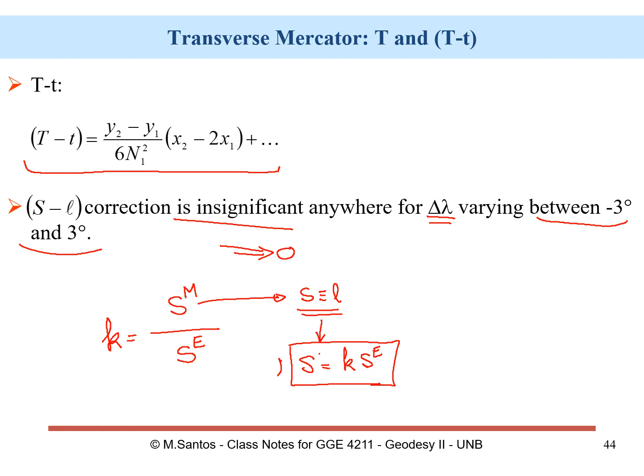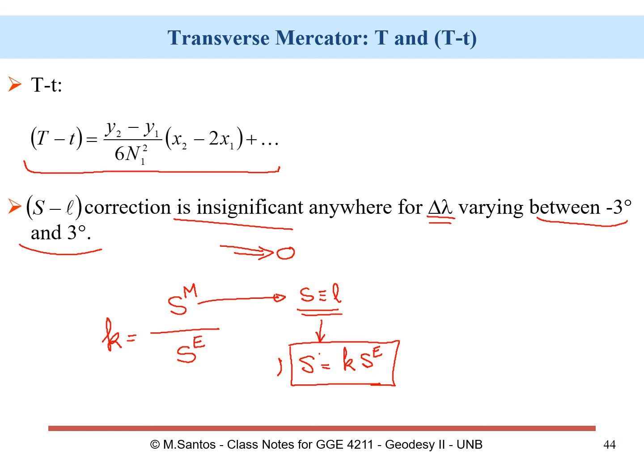When we go from the grid to the geodetic coordinates, we have to do that using the foot point latitude, and we have presented these general expressions for meridian convergence, for the scale factor, for the T minus T correction and S minus L correction, which, as I mentioned before, for the map projections that we use in geodetic computations, is 0.